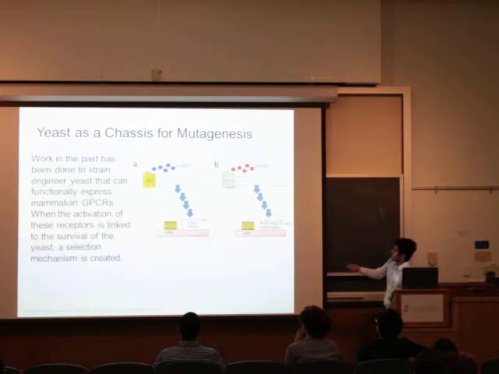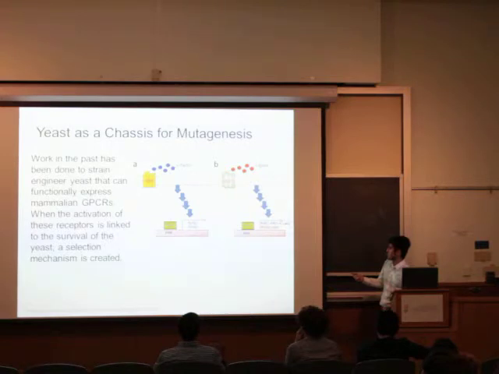Previous work has been done to strain engineer the yeast to accept this. H stands for human, so mammalian GPCRs can now be expressed in this yeast. And most importantly, the function of the GPCR is correlated to yeast survival.